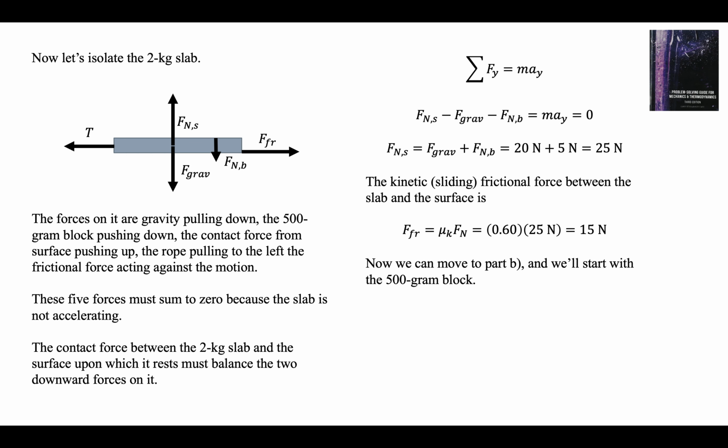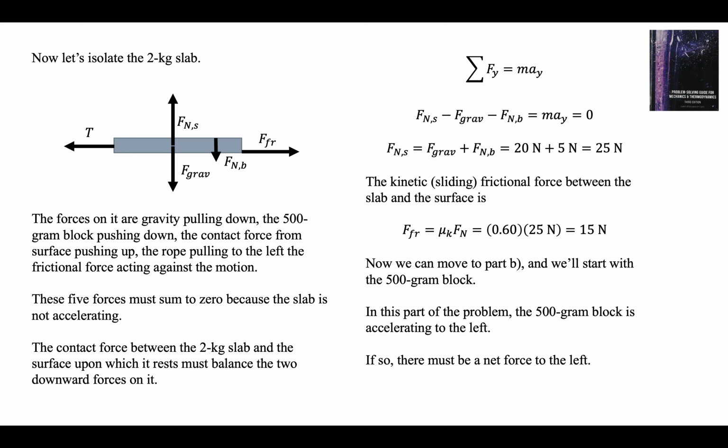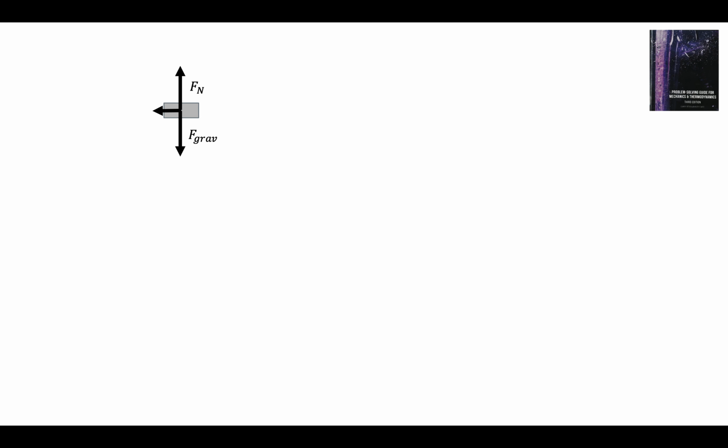We'll start with the 500 gram block. It's accelerating to the left at 2 meters per second every second. If it's accelerating that way, there must be a net force in that direction. What is it? What force is pulling the 500 gram block to the left? There's the force diagram. What's that horizontal force?